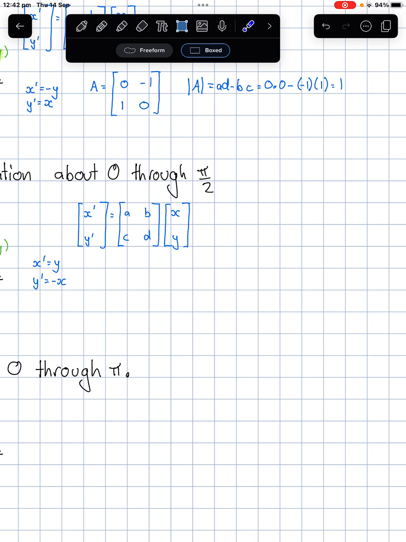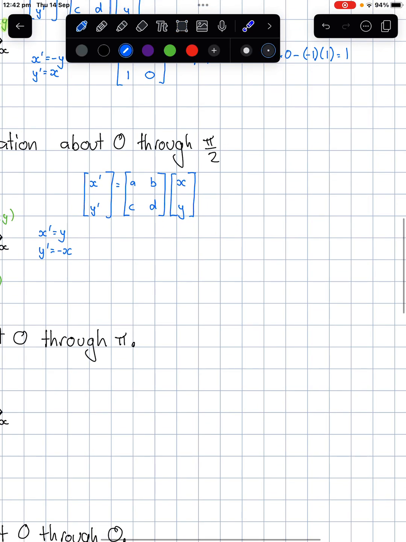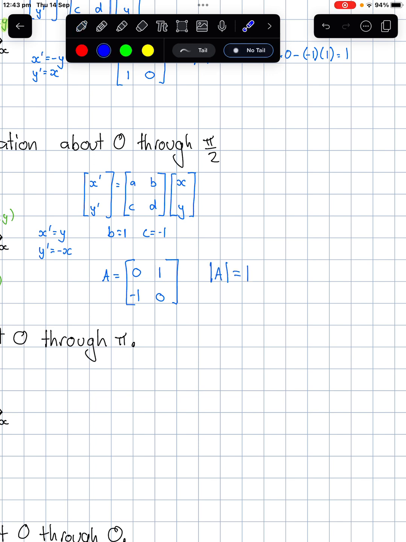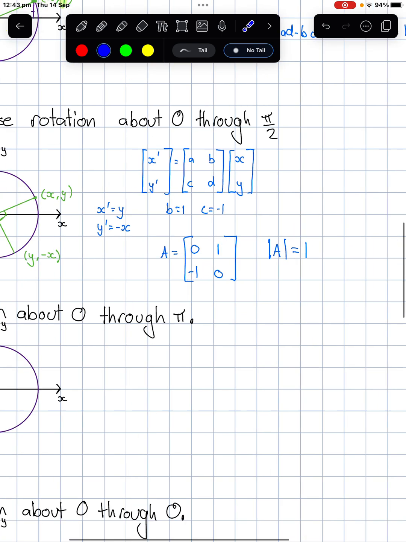In this one, because we have y, the b value will equal +1 and c will equal -1. So the a value is 0, 0, and b was 1 and -1. It's interesting that it's done a flip, and the determinant would be the same value, +1, because we multiply these two together and get -1, but it's the negative value of them.